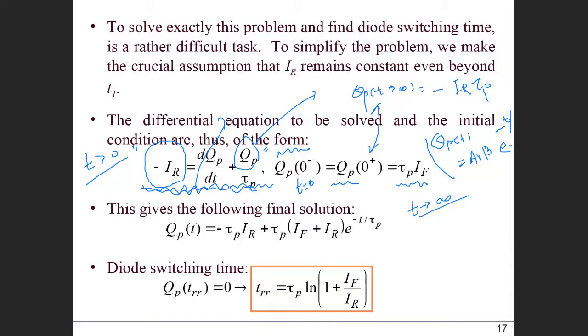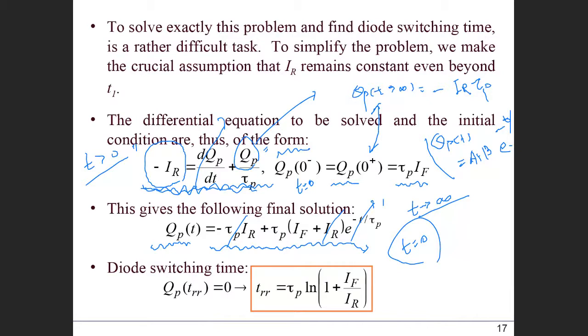If we do that, the solution for QP of t is going to be this equation. Let's check whether this equation satisfies our boundary conditions. When t equals 0, this term is 1, so the negative tau P IL cancels, and you have tau P IF.